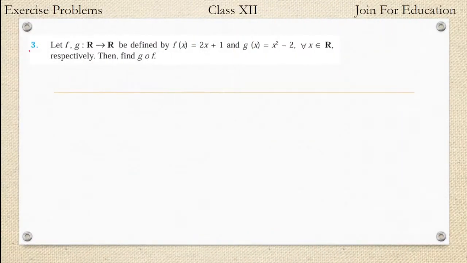This is question number 3. Let f, g be functions from R to R, it means from real numbers to real numbers, defined by f(x) equal to 2x plus 1 and g(x) equal to x square minus 2 for all values of x that are elements of real numbers respectively.